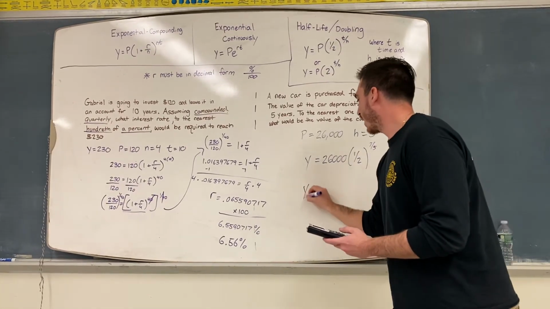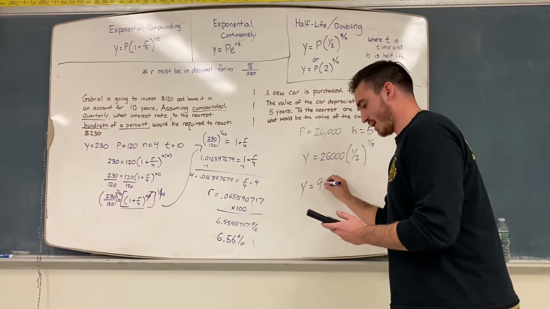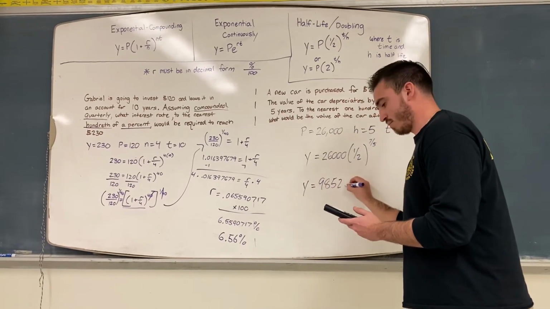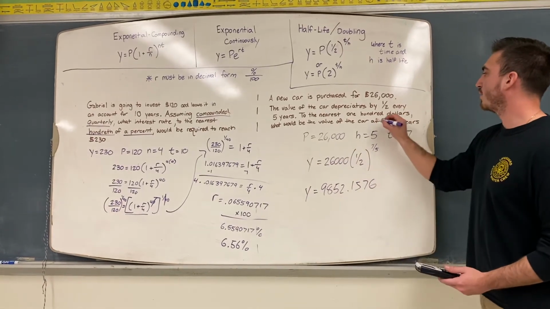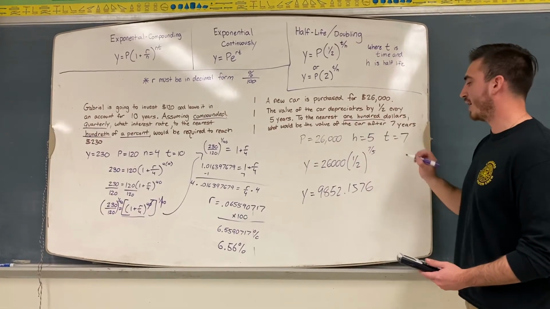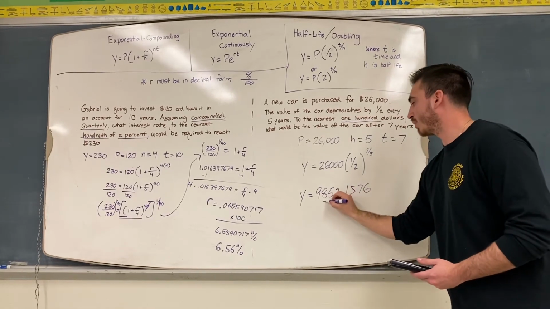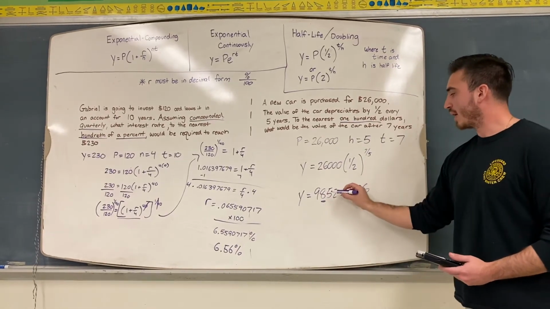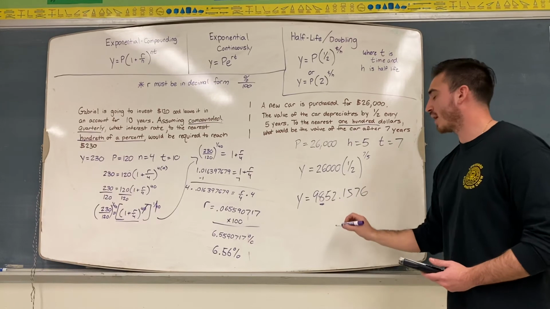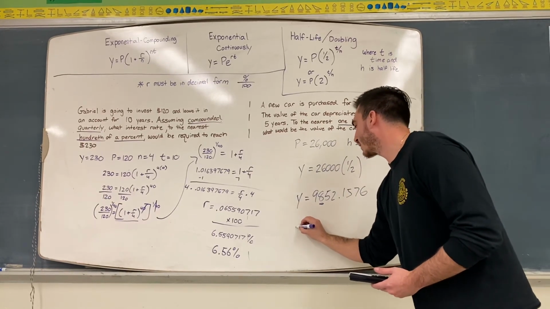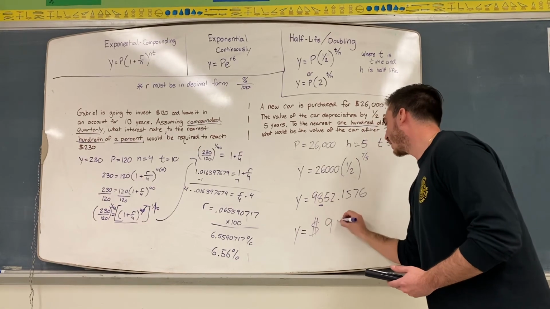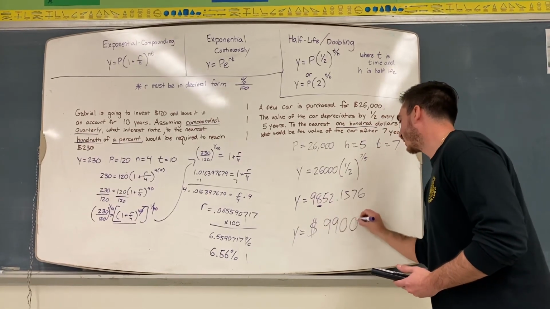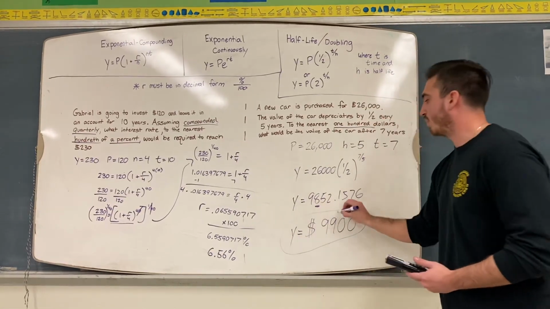So now we get Y is equal to 9852.1576, but they're asking us to round it to the nearest $100, which is this place right here. Because this is a 5, we must round that up to a 9. So my final answer is going to be Y equals, add the money sign, $9,900. And that would be your final answer.